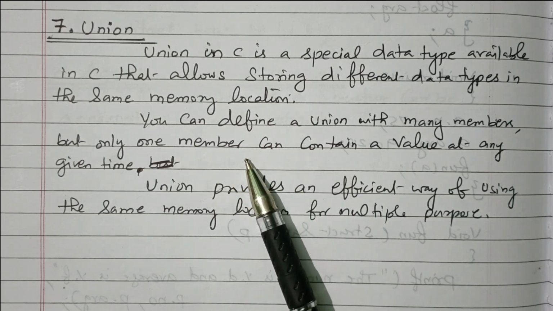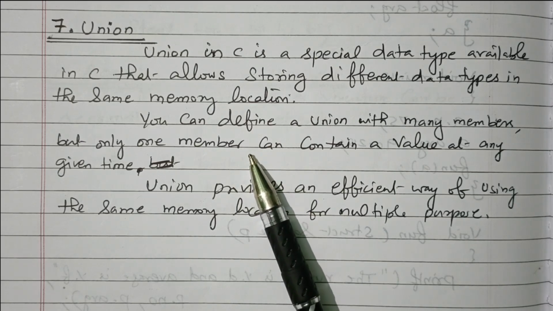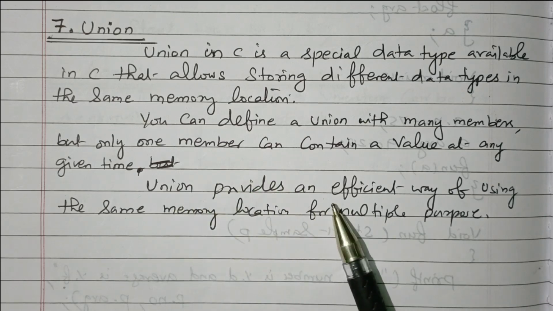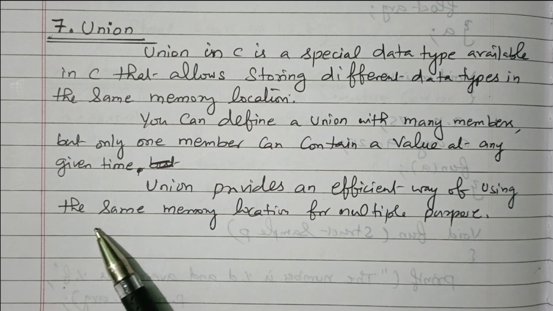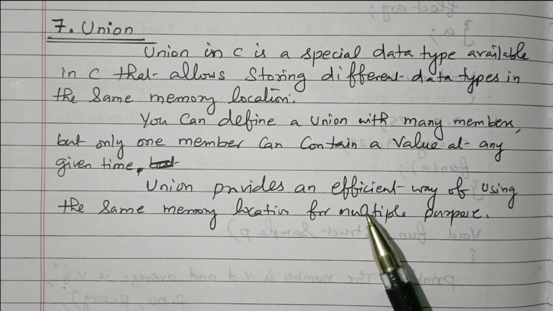That is the advantage of the union. Whether there are 5 or 10 variables, only one variable will be available. Union provides an efficient way of using the same memory location for multiple purposes. The same memory location is the advantage of the union compared with the structure.